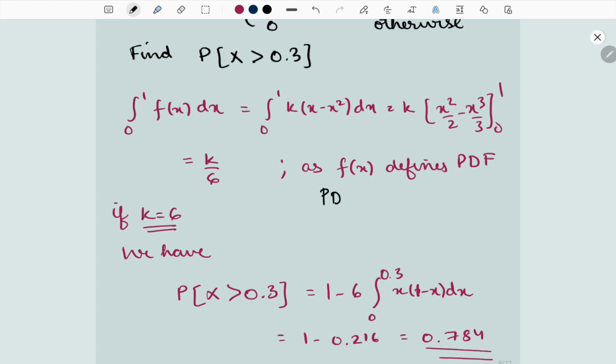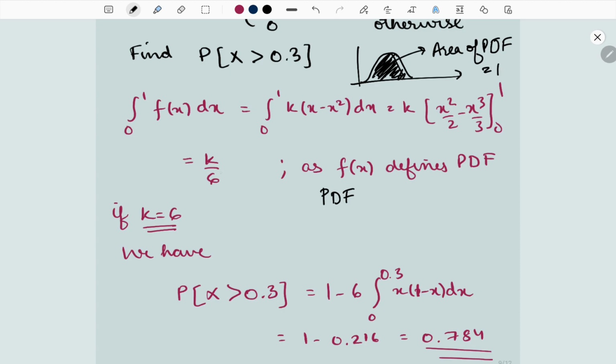The integral of the PDF gives the area, like for this function, let's suppose the graph is something like this. The integral refers to area, and the area of a PDF is always equal to 1.